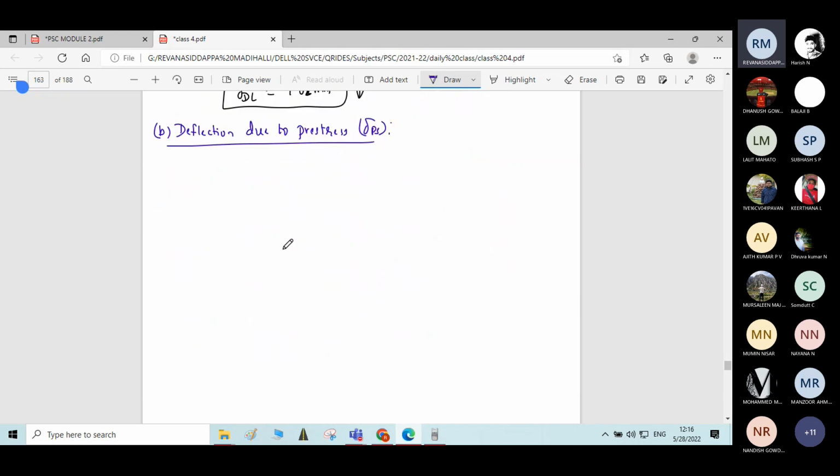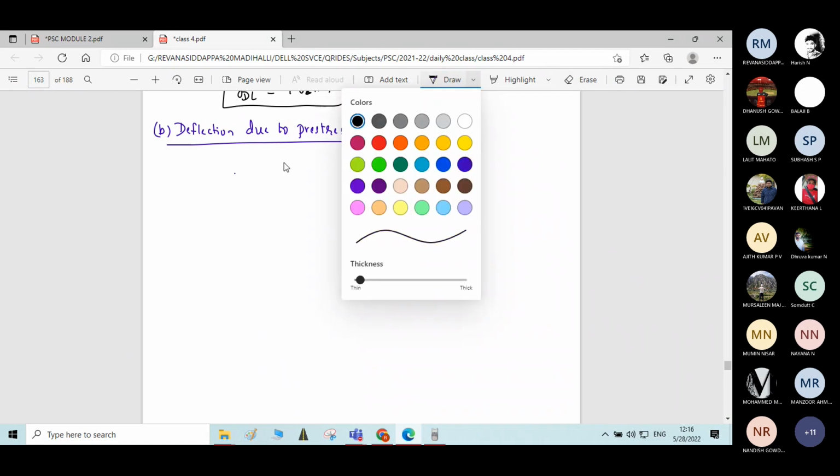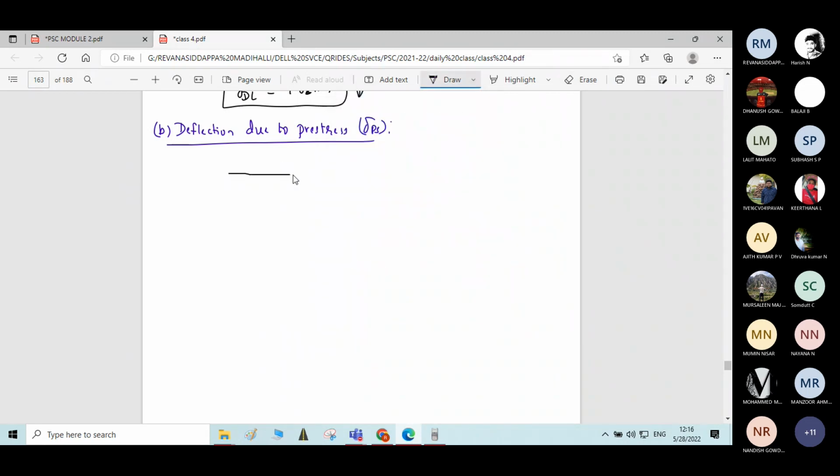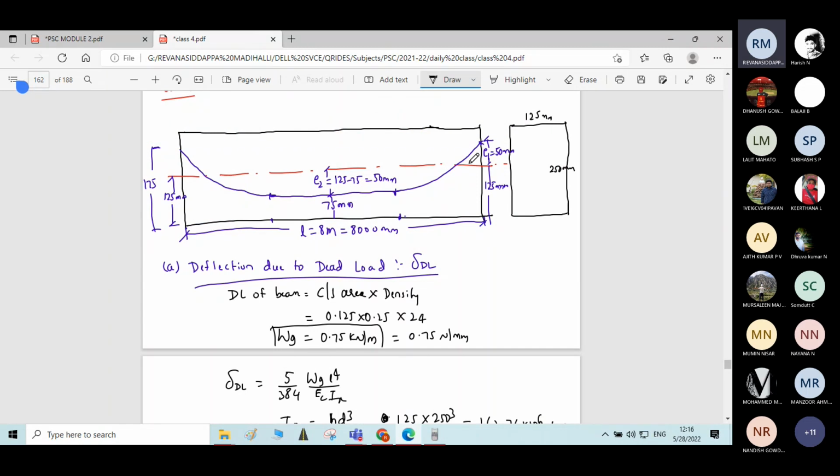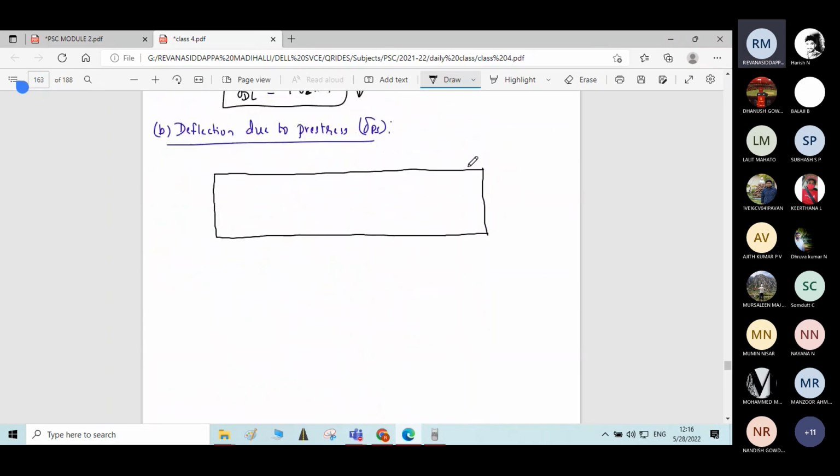If you write the bending moment diagram, for the cable which is above the central axis, this is the BMD.